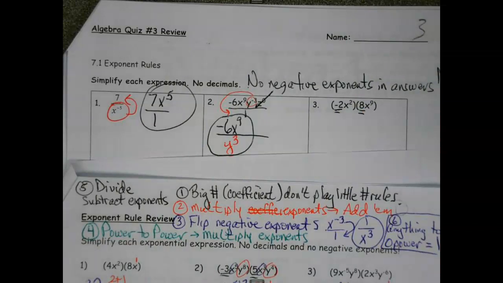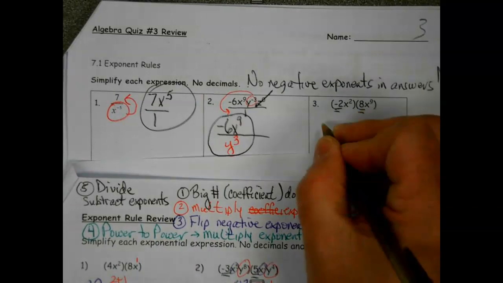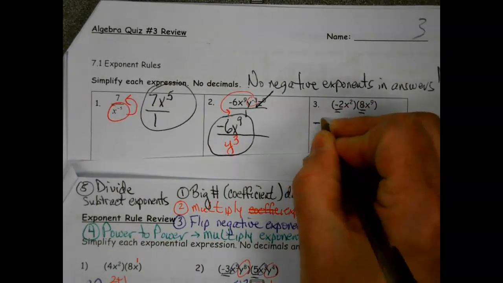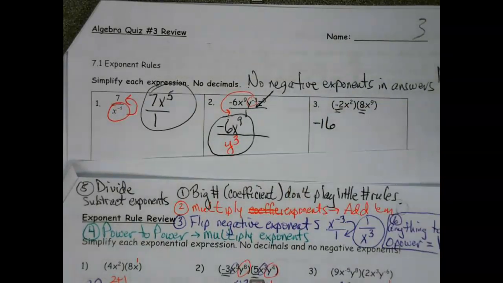When we get up here, I'll say it again. Big numbers don't play by little number rules. Okay. So negative 2 times 8, negative 16. Just multiply them together. Then I look down at my x's.